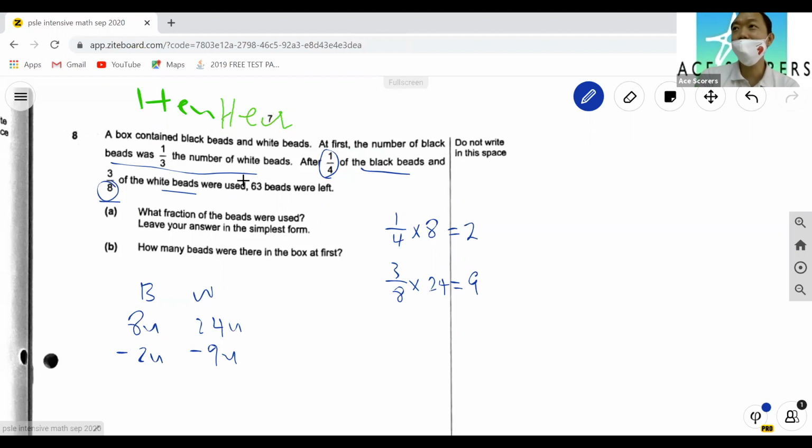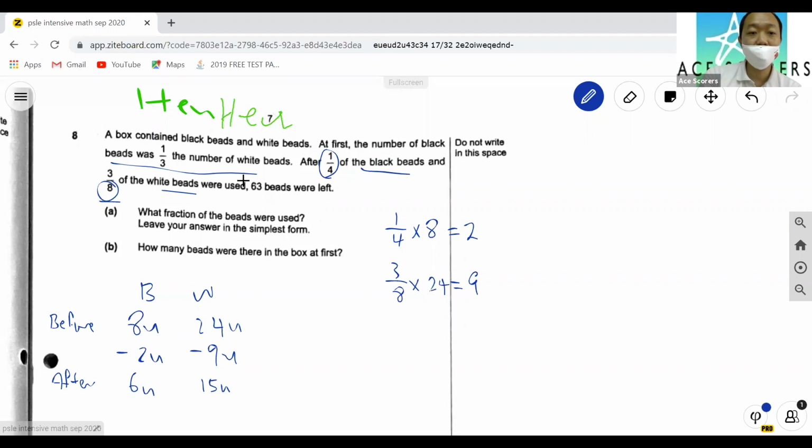Now what type of heuristic is this? Before and after. This is before, and this one is after. Okay, so 8 minus 2 equals 6 units, right? And then 24 minus 9 equals 15 units, right?